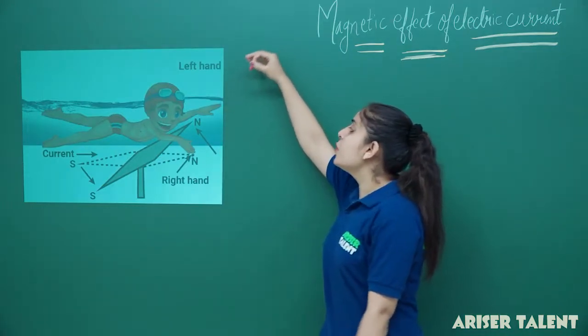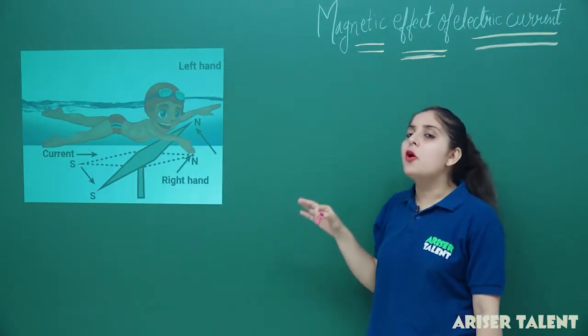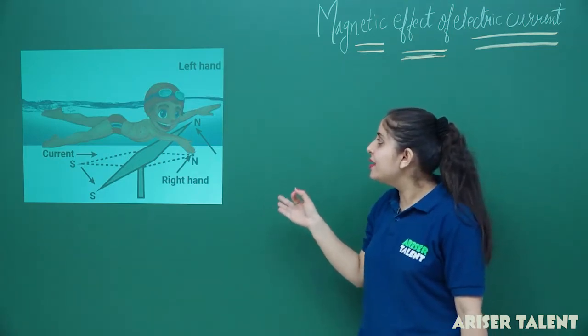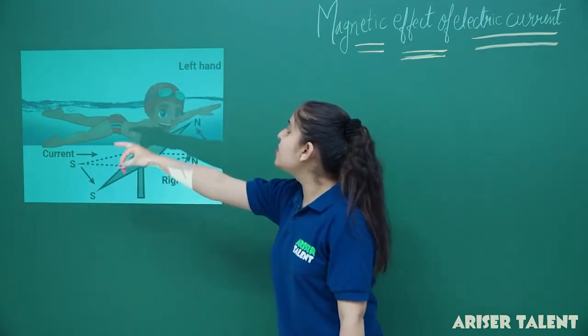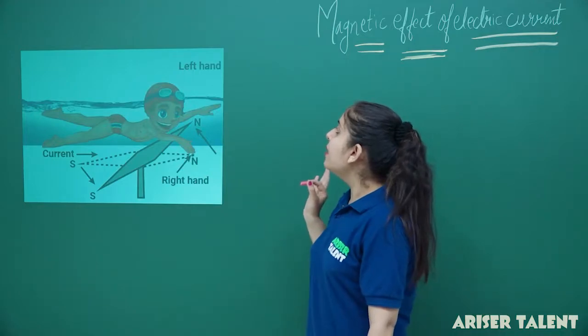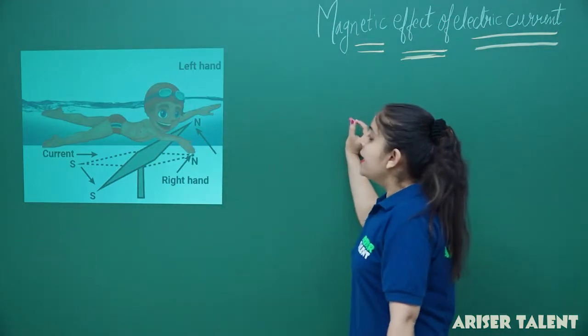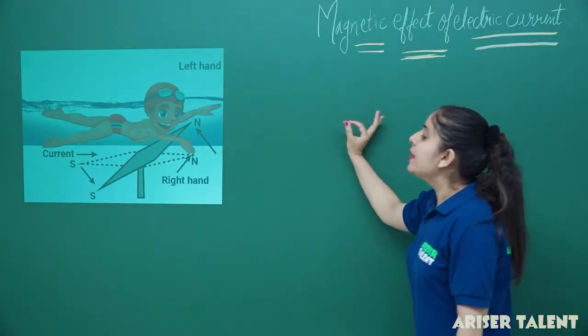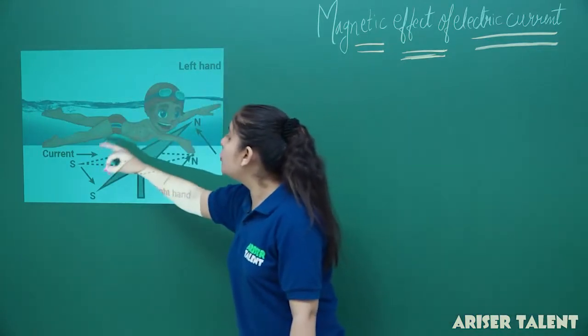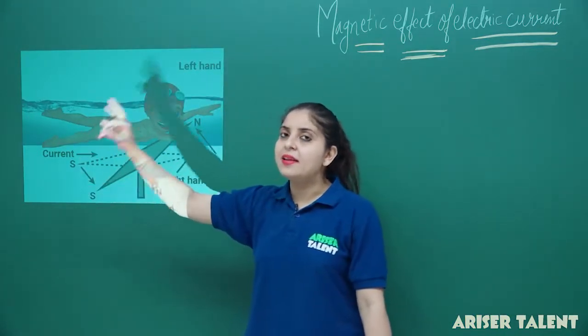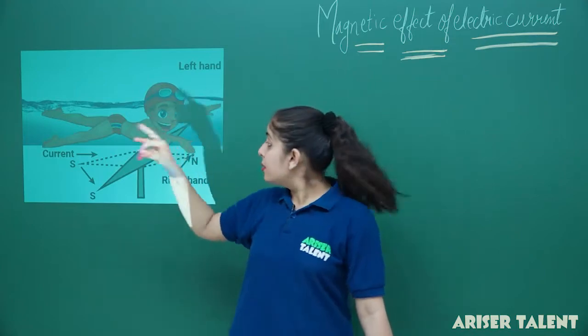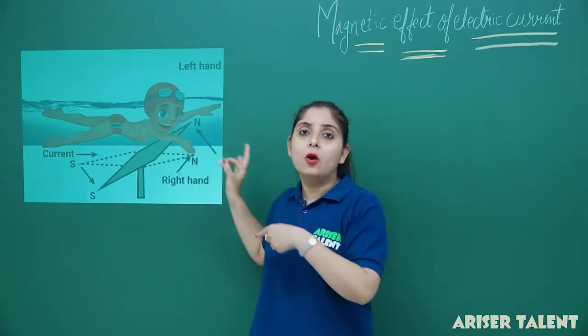In Ampere's swimming rule, you can see a man or a person. Here it is a child, and this child is swimming in this direction. It means the child is swimming from south to north, so I can say that the direction of the current will be from south to north.